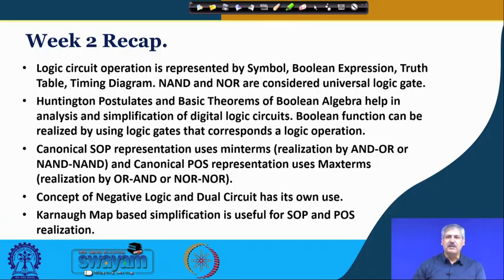So, different kinds of timing input combinations of the digital waveform, high and low, will come, and accordingly the output will be generated. And we also saw that NAND and NOR can be considered as a universal gate for different kinds of logic circuit generation.